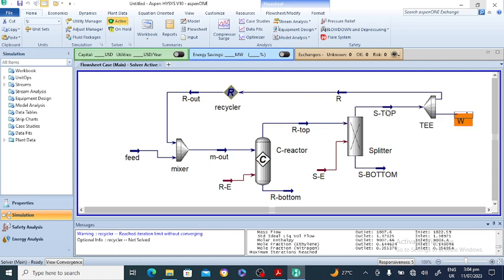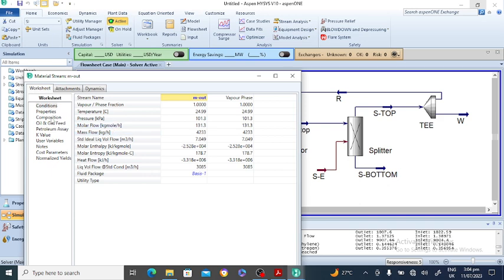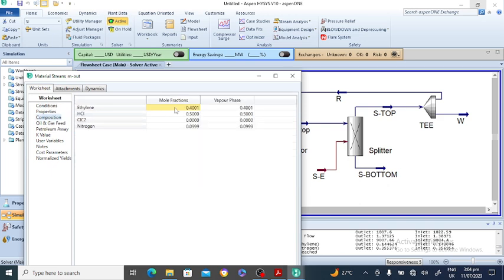The sum of this and this will be equal to this one, which is 36. Now go to the reactor feed and see the composition. At first it was 46%, now it is 40%.